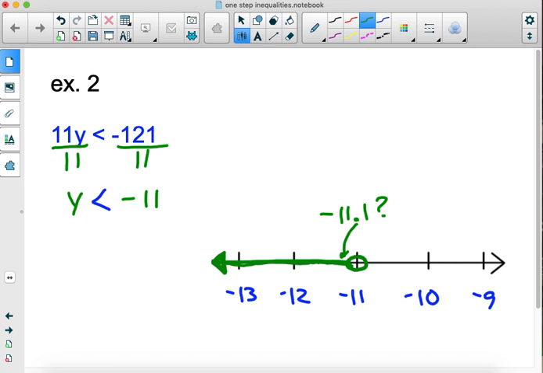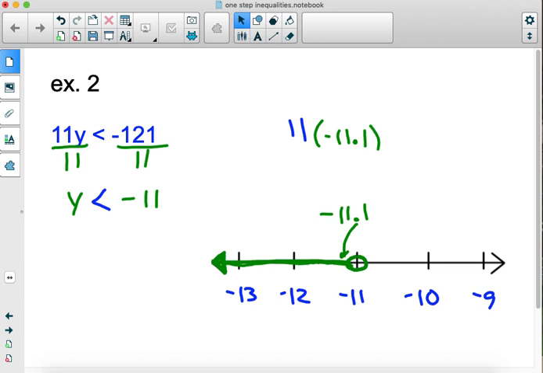If I put negative 11.1 in here, so if I have 11 times negative 11.1, it has to be less than negative 121.